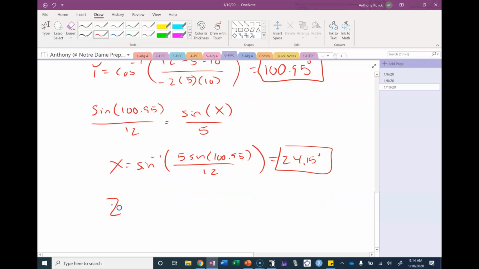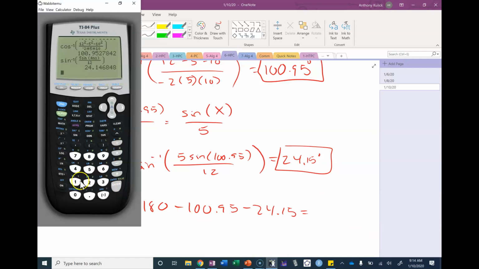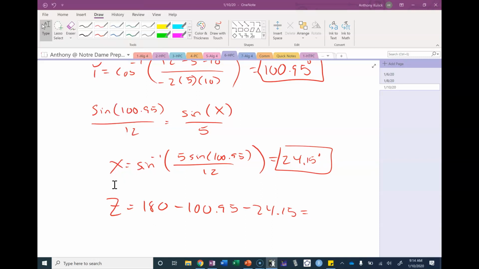And then to find angle z, I can just do 180 minus the other two. And that gives me 54.90.